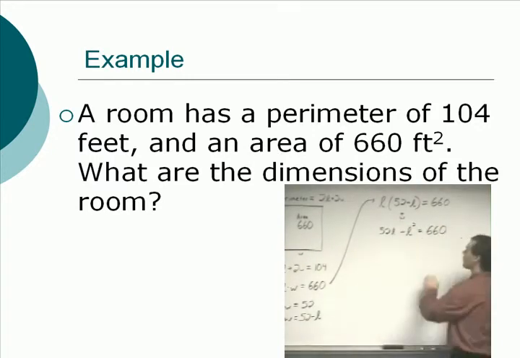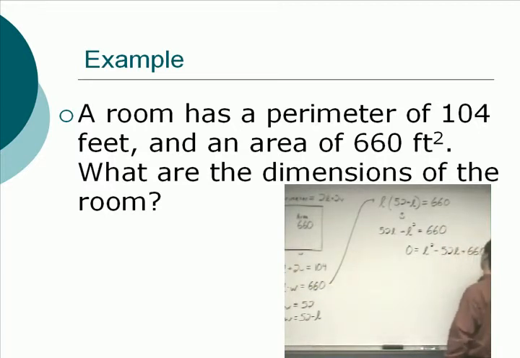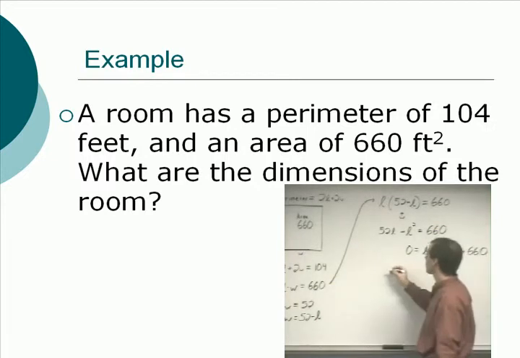So let's bump those over to the right side, and we get 0 equals L squared minus 52L plus 660. Again, you've got your choice. You could factor that if you want to. Good luck. But I think it's more practical to use the quadratic equation.